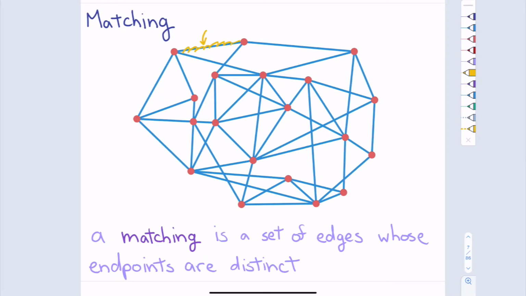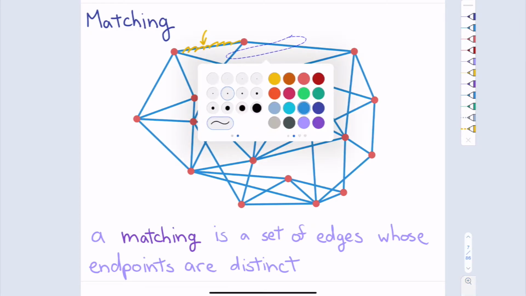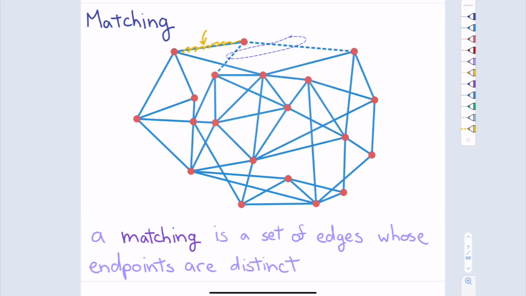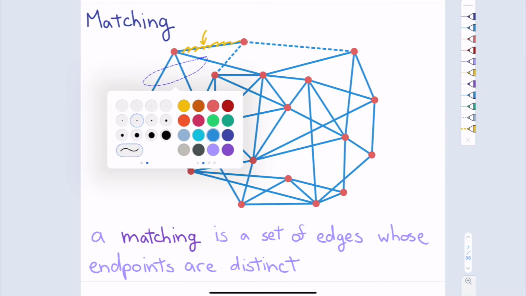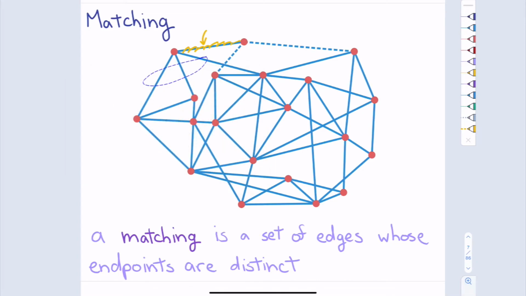And that means that some of these edges I definitely cannot take. As soon as I take an edge, all the incident edges are now out of the running. Okay, so you get the idea.